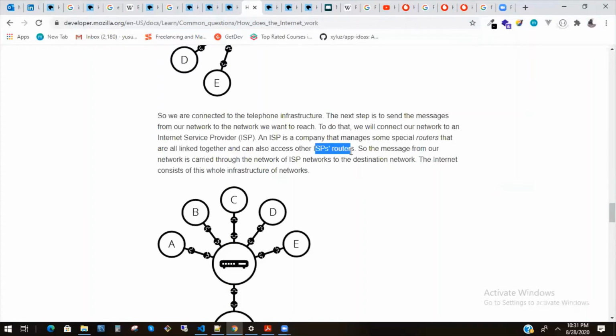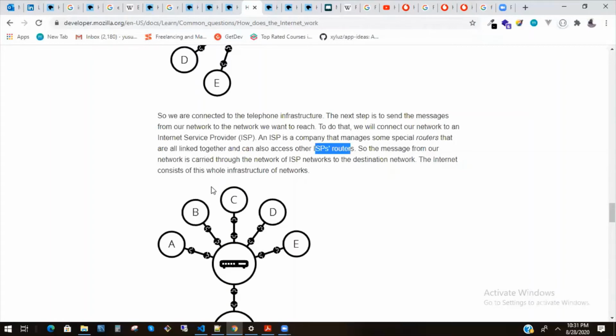Let's say I want to access google.com. They ensure that the information is routed to Google's network. They onboard my request into Google's network. Then when the information is received by Google, Google processes it and gives back what I asked, and it returns from Google's network to my own network.